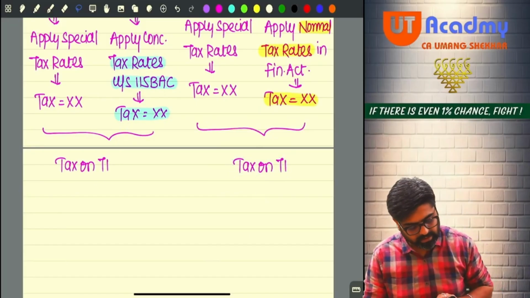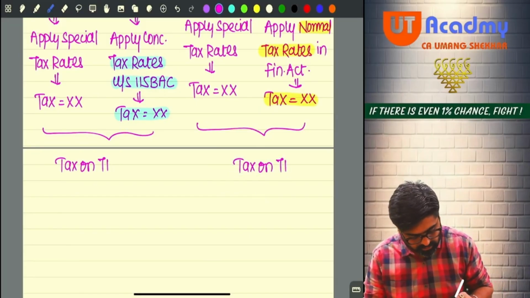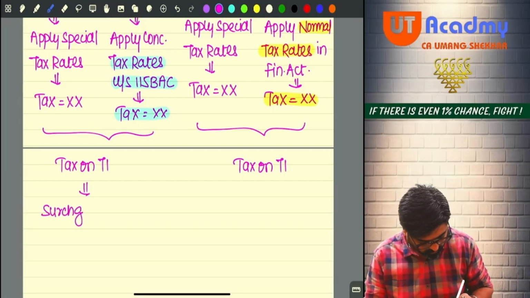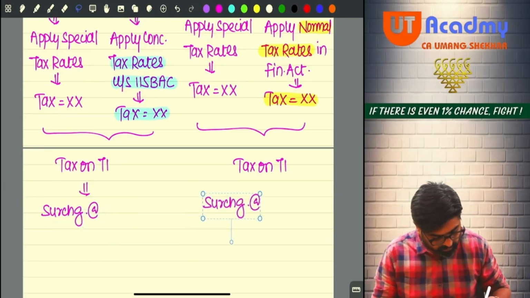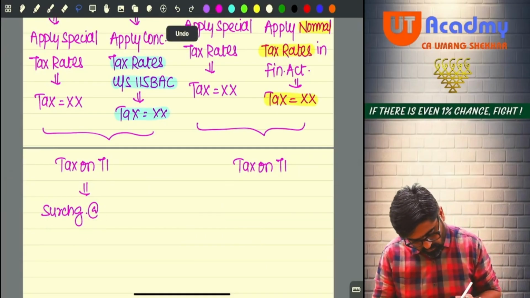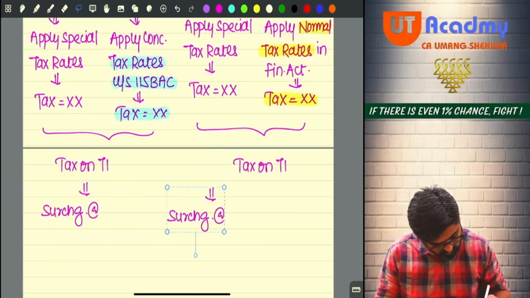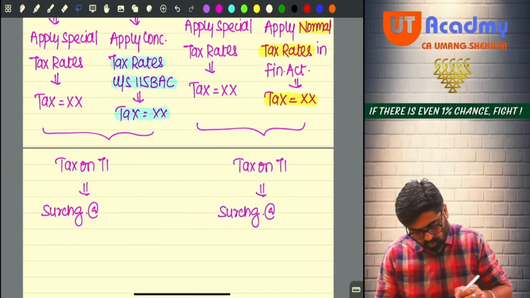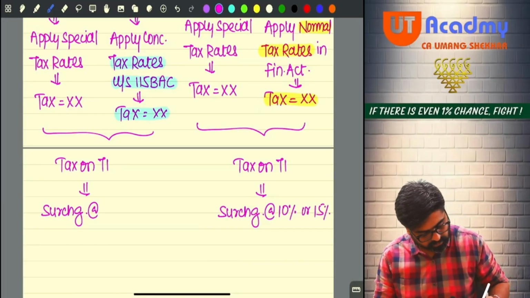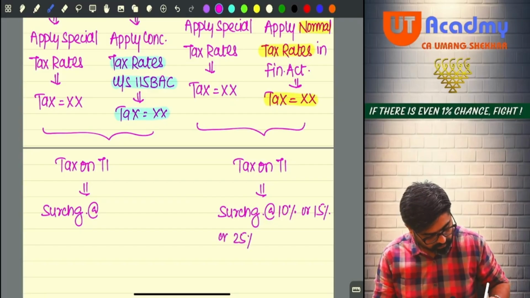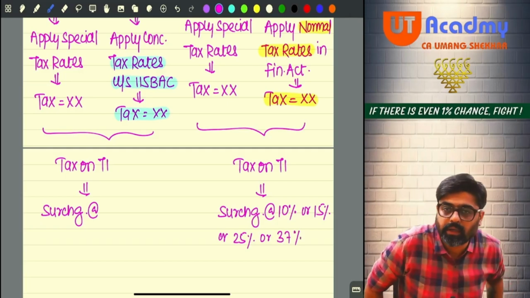Now on this tax on total income, are you going to apply surcharge? Surcharge at what rate? See, we usually apply surcharge at the rate of 10% or 15% or 25% or 37%, depending on how much the total income is.